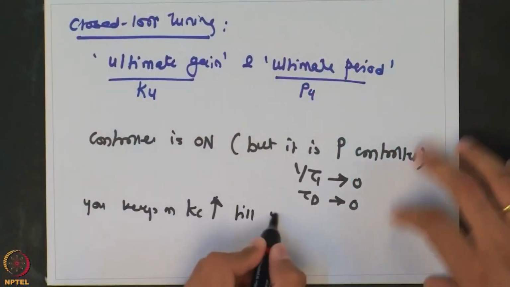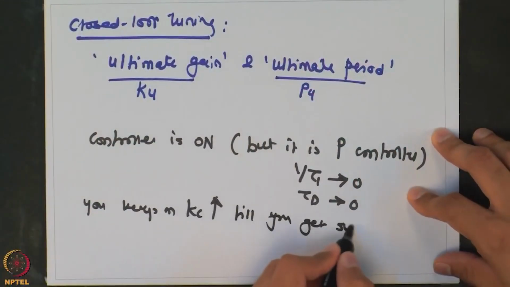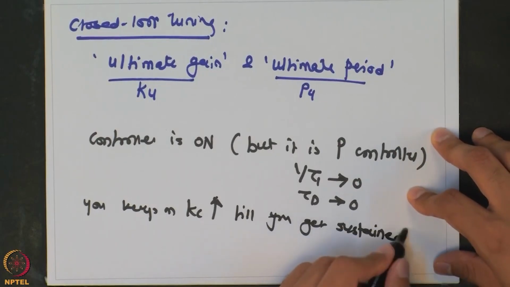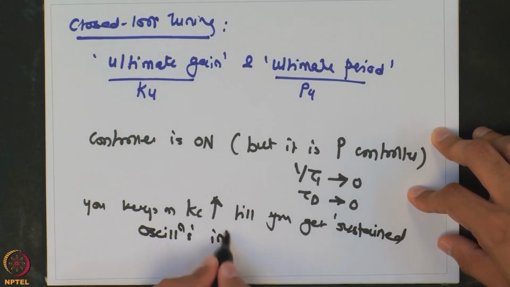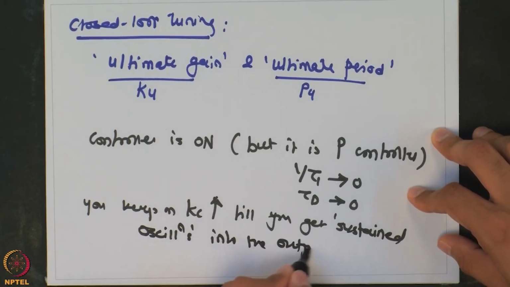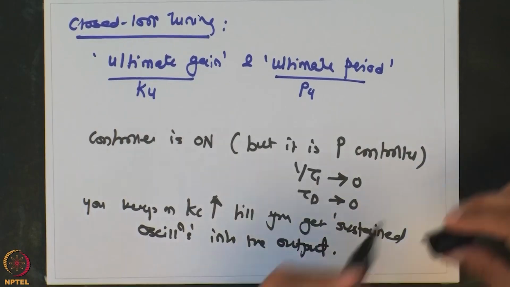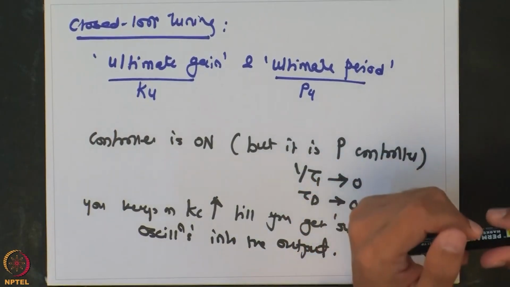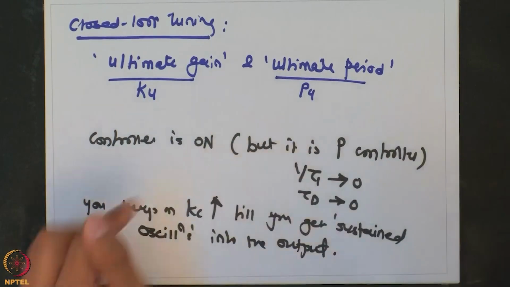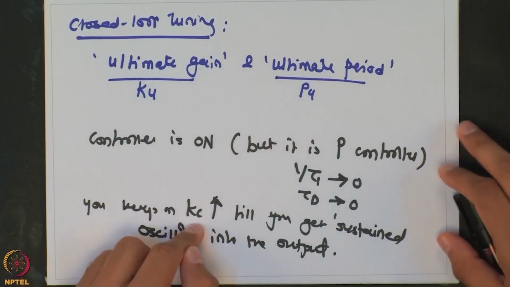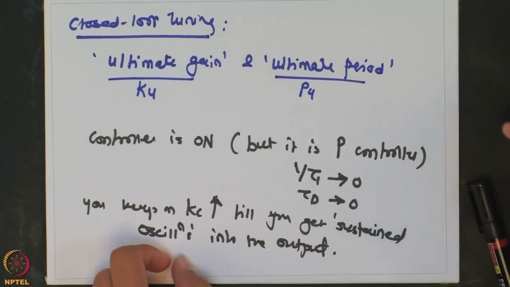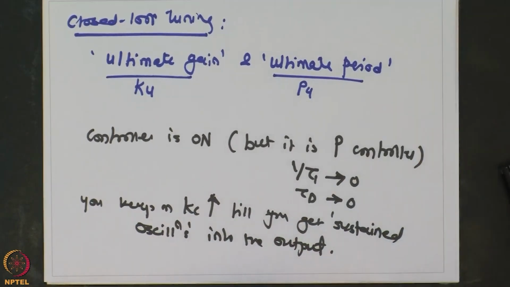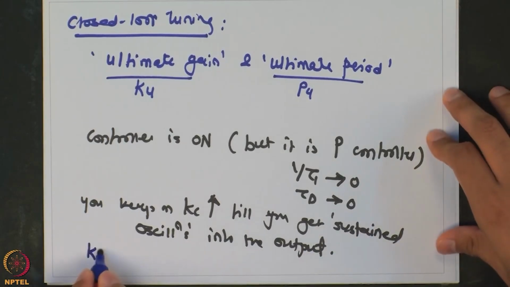That means till you get sustained oscillations in the output. Having sustained oscillations marks the boundary of stability. So the objective is to find a proportional controller gain which will give you sustained oscillations, and that gain is known as the ultimate gain.